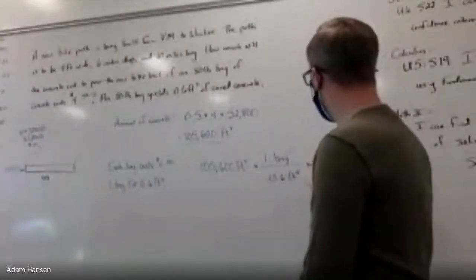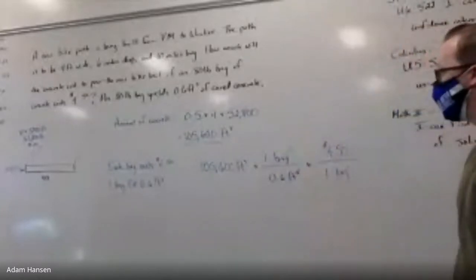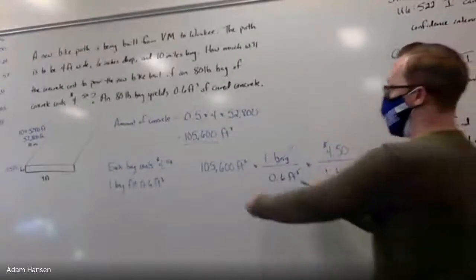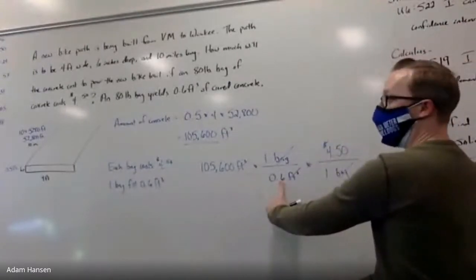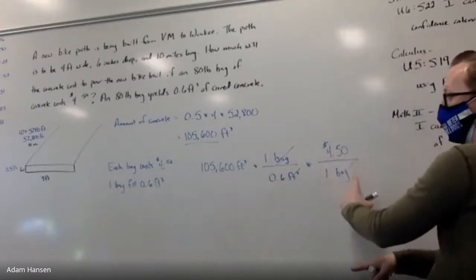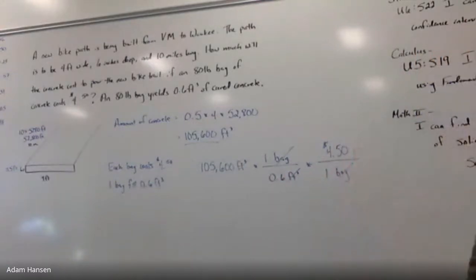And now all the units have canceled out, leaving me the amount of money in dollars. I cancel out cubic feet by dividing by 0.6. I cancel out the number of bags by dividing by bags, leaving me the price in dollars.